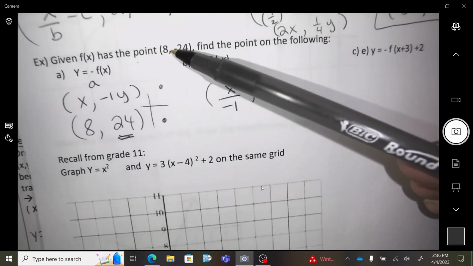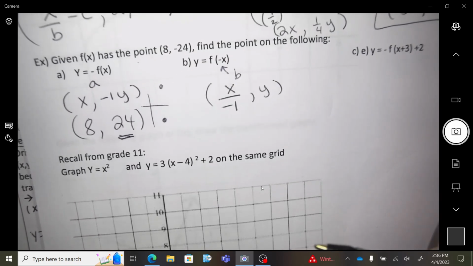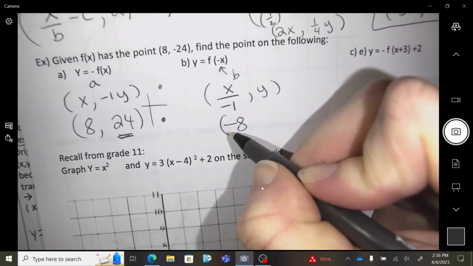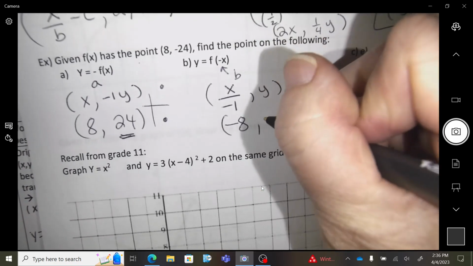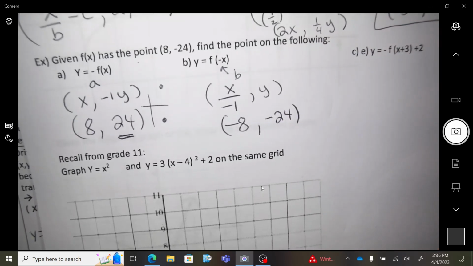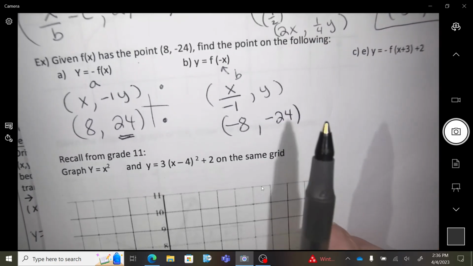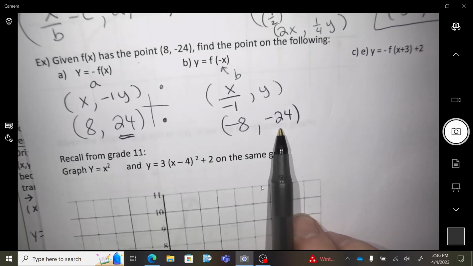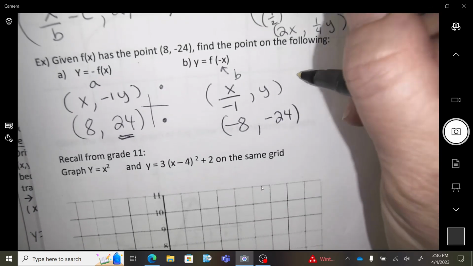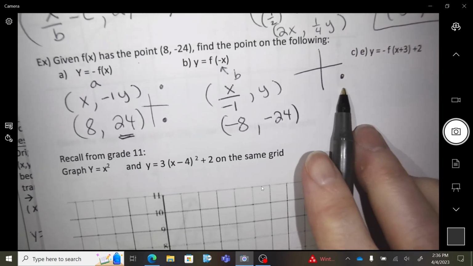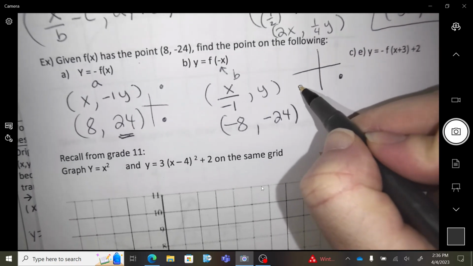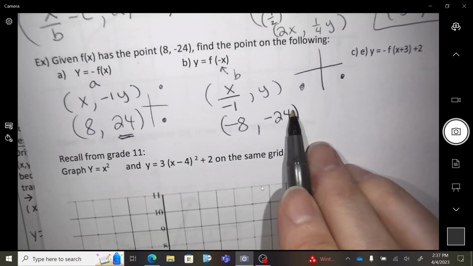So 8 divided by negative 1 changes to negative 8. Oh, it's a reflection over the y-axis. So don't change negative 24. That stays. So 8, negative 24 is there. And negative 8, negative 24 is there.